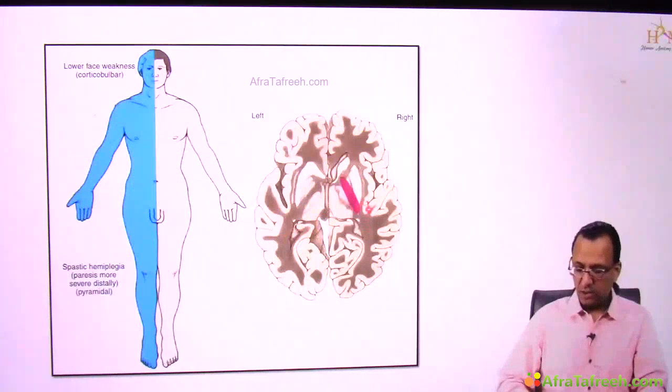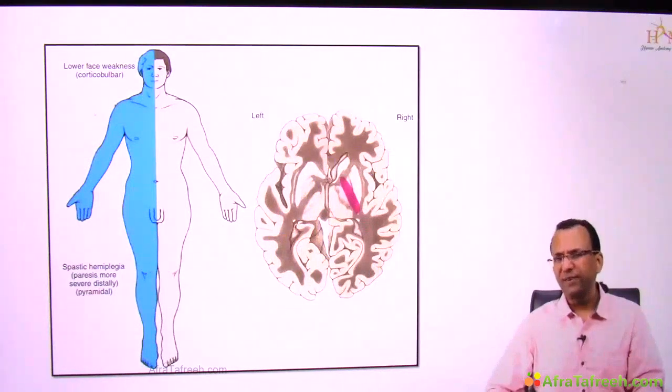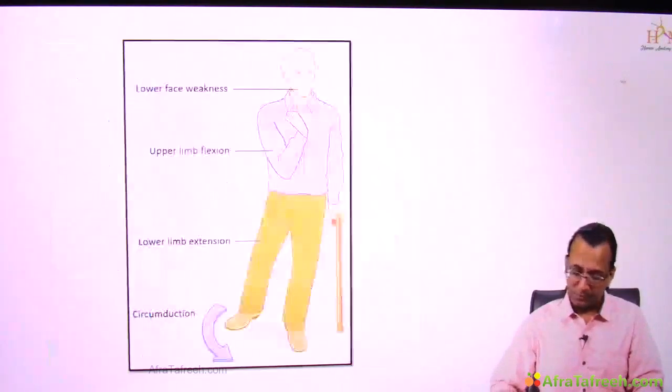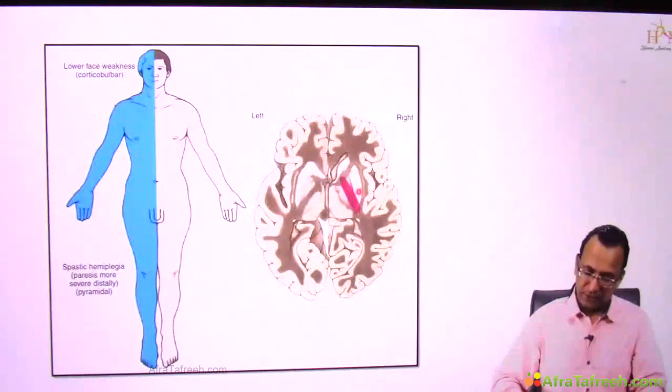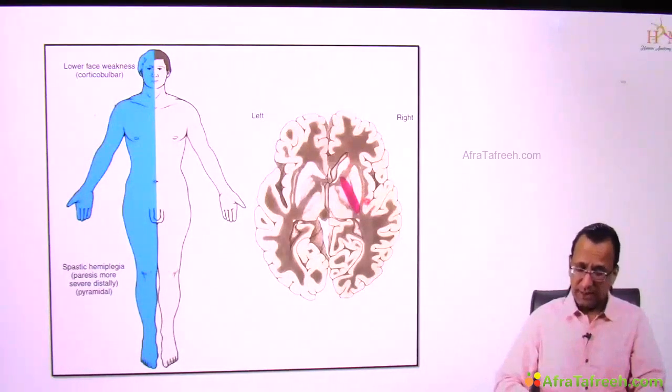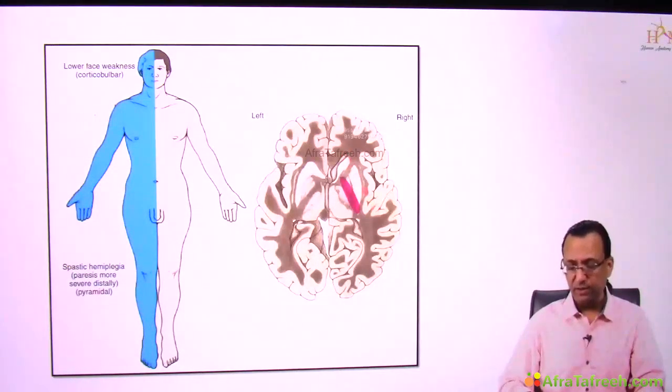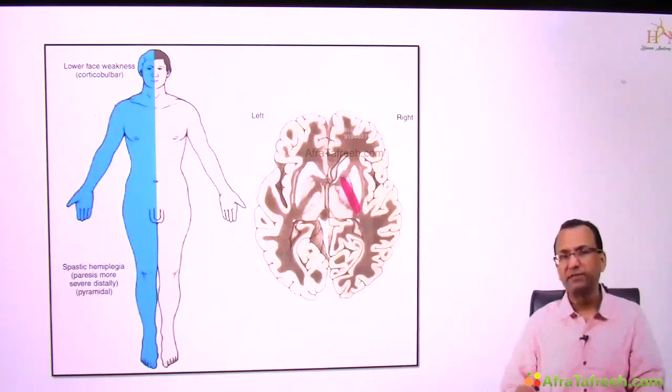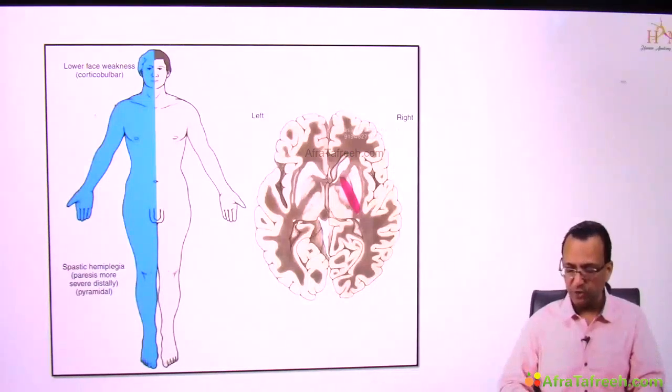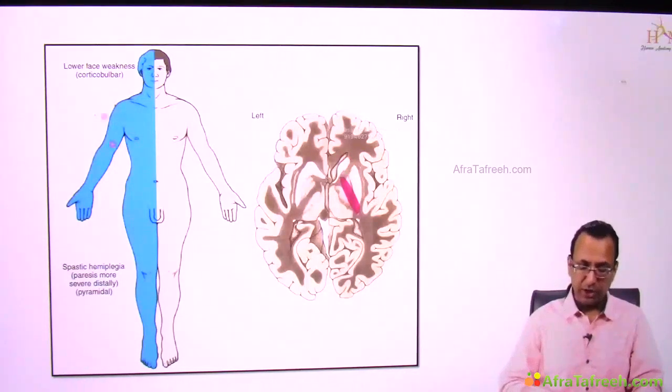See, this diagram will tell you that if the injury was on the left-sided internal capsule, let us assume this is the left side because we are discussing the left side, the problem will come on the right side of the body.